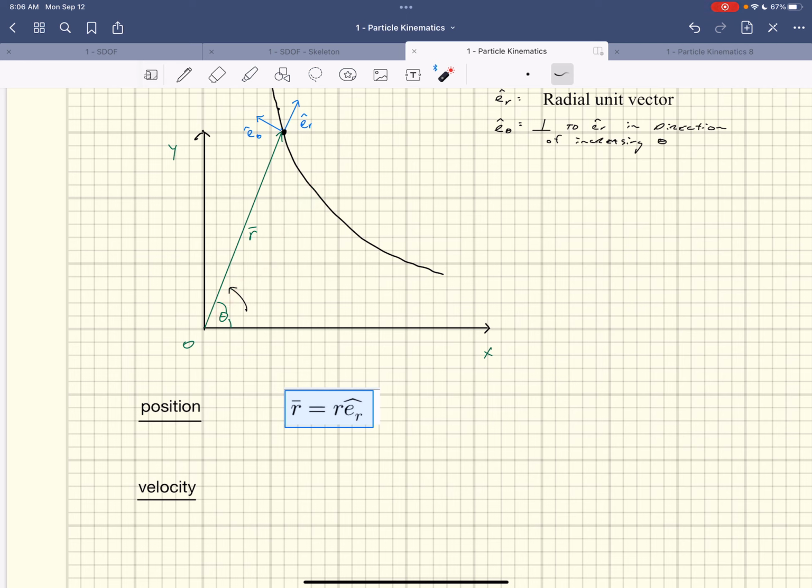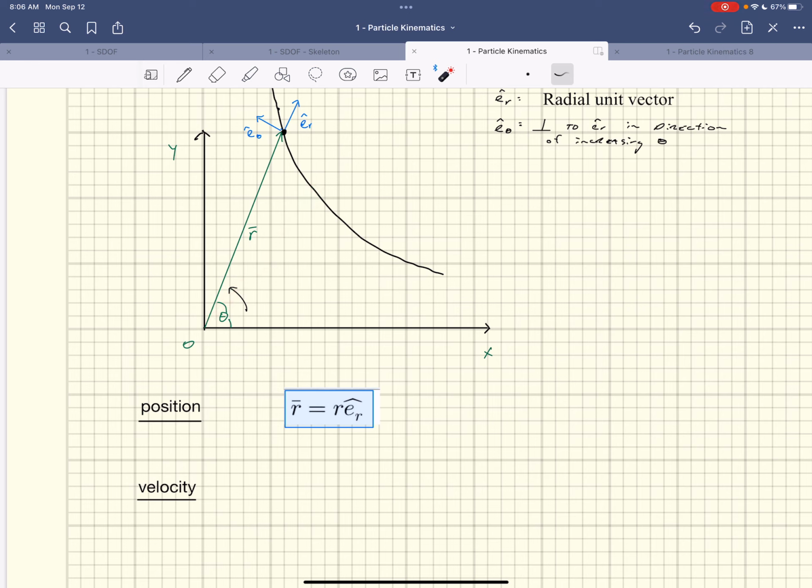So that's the position. We take the derivative of this, which gives us velocity. The velocity vector is just dr/dt. Take the derivative of the position with respect to time. This is d/dt of r in the e_r direction.